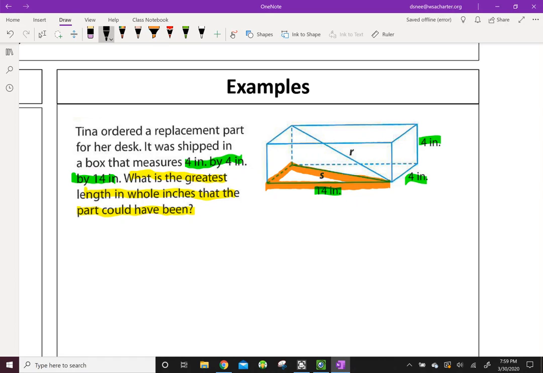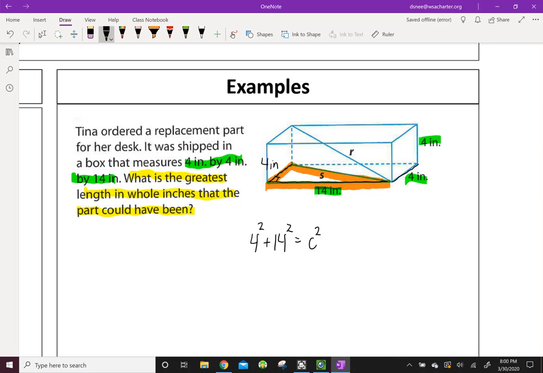So I know this is 4 inches right here, because this side of the box is 4 inches, and this side is labeled as 14, right? And those are my two legs, because I know the corner of a rectangle is a 90-degree angle. So what I'm looking at here is 4 squared plus 14 squared is equal to c squared.